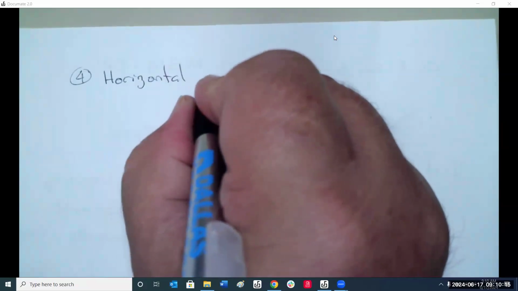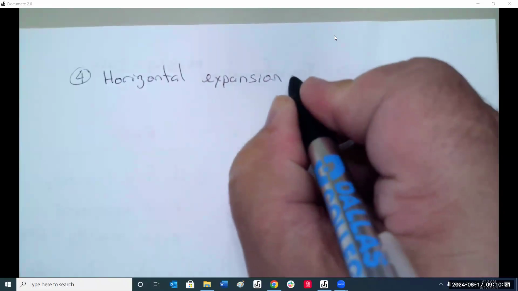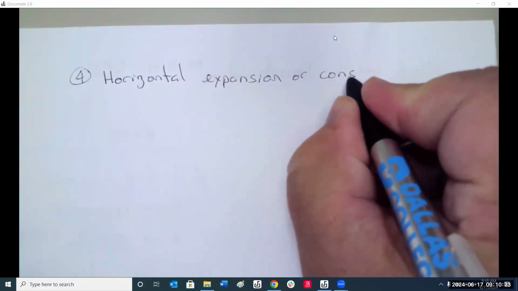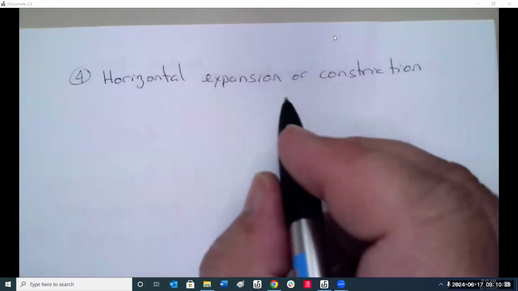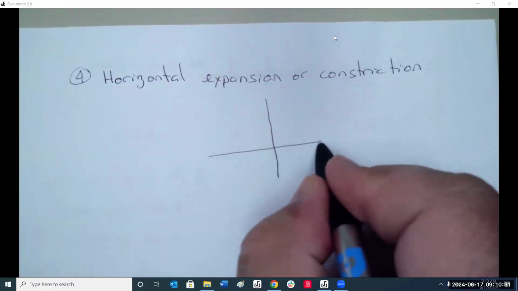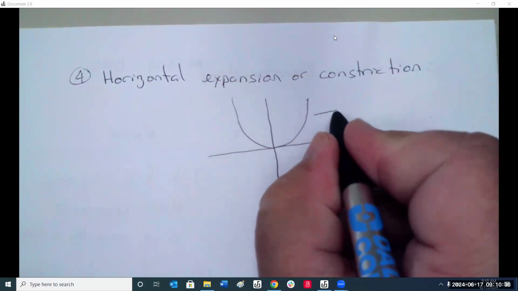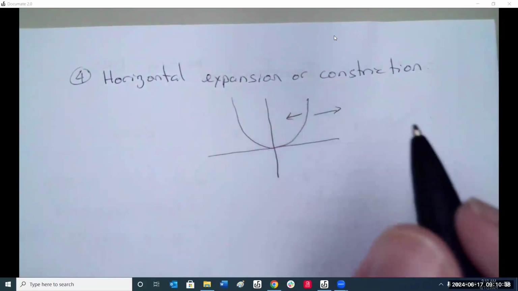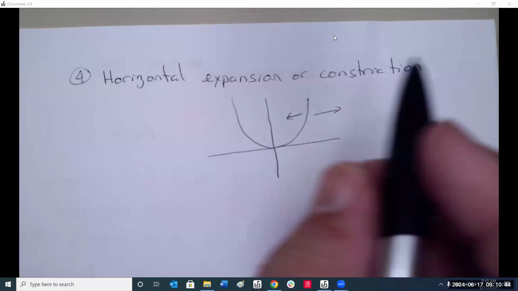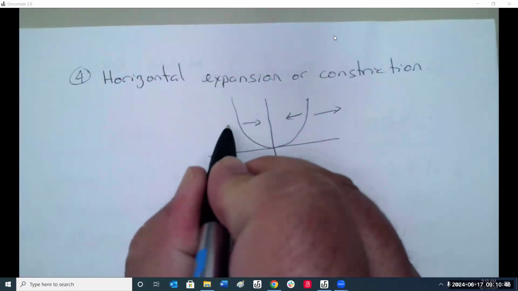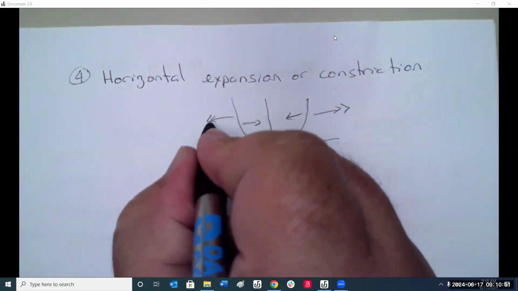Here we have a horizontal expansion or constriction. That's when a graph can get wider or skinnier. So these two go together and these two go together.